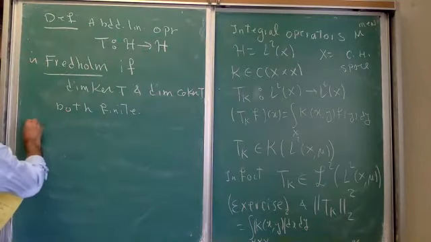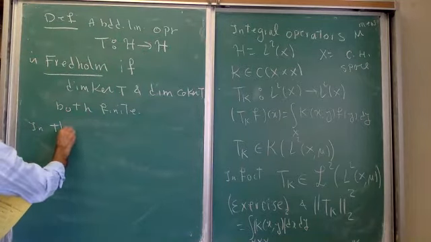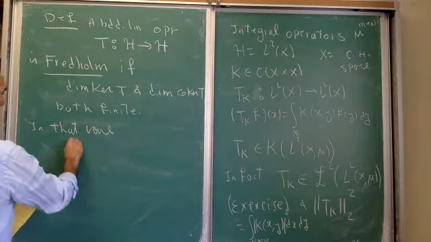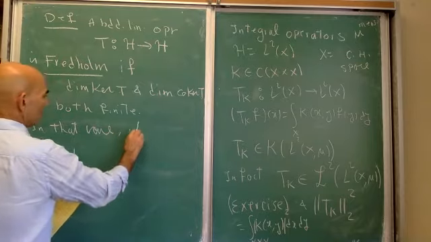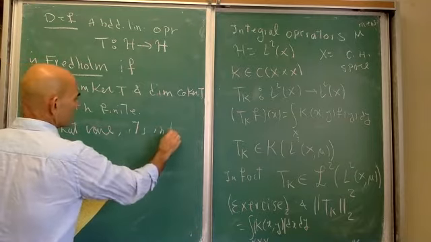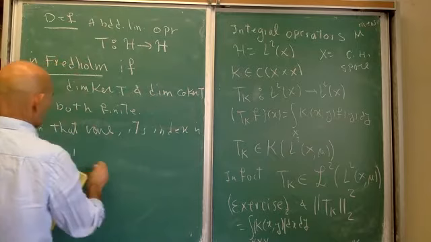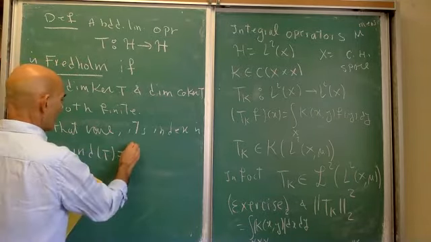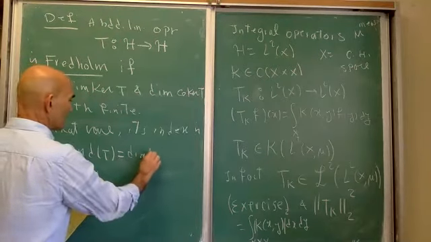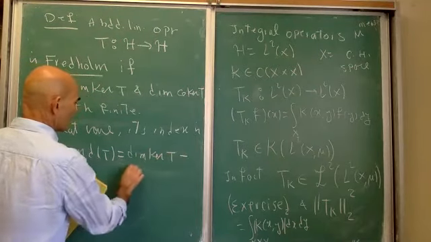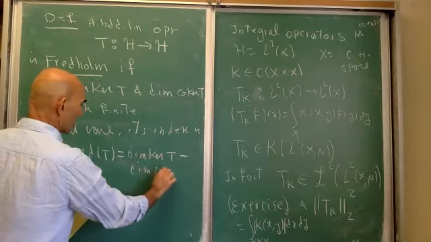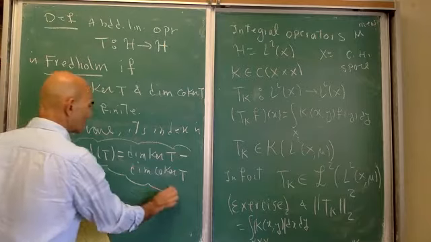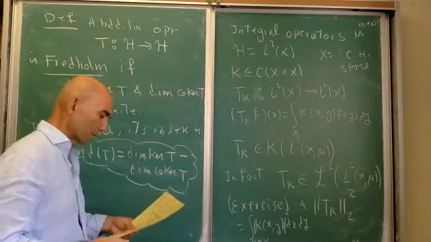And then in that case, we can define the index of T, and define its index as before, the same definition: dimension of kernel of T minus dimension of co-kernel.